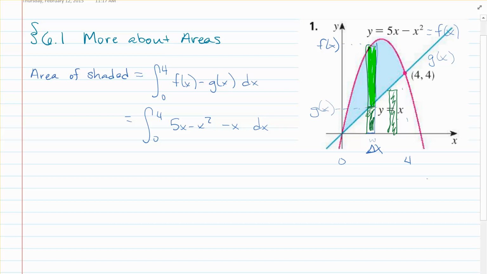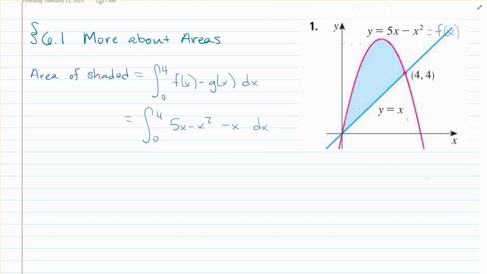Now let me clear up some of this trash over here. One of the essential pieces when you're writing up your homework assignments for this is you always want to show what the representative rectangle is. And it doesn't have to be perfect, but I want you to show that it goes from this g of x function down here to the f of x function up here, so you can see where the top and bottom of it are.